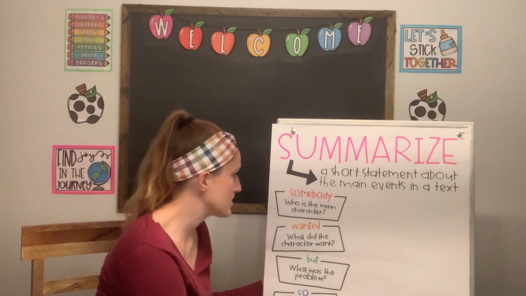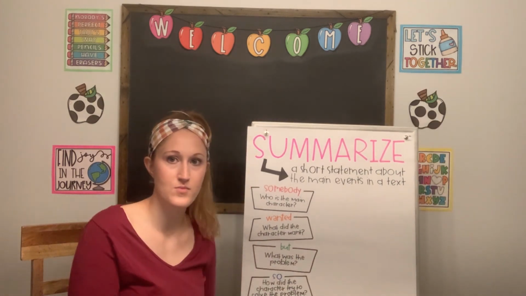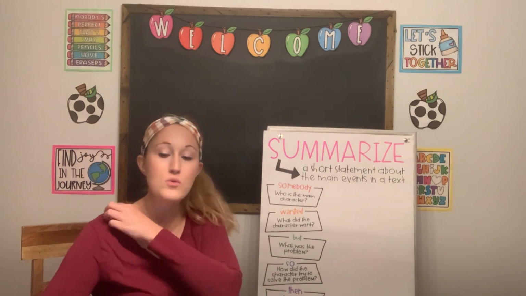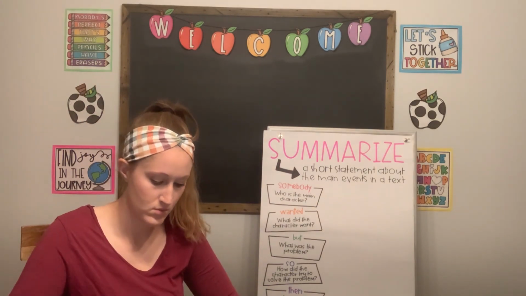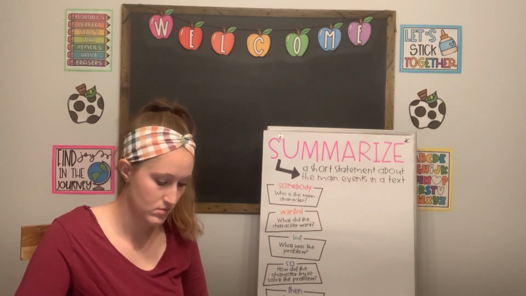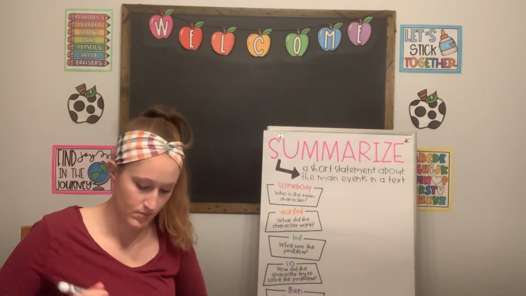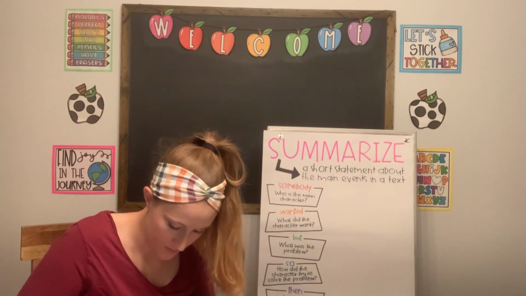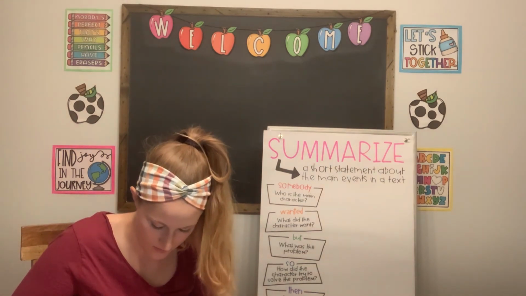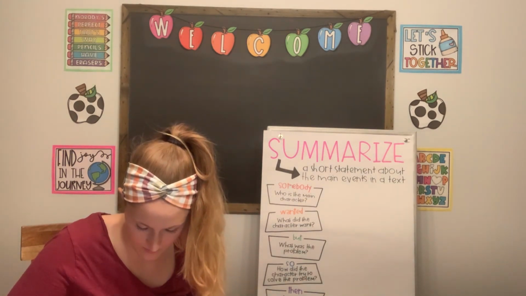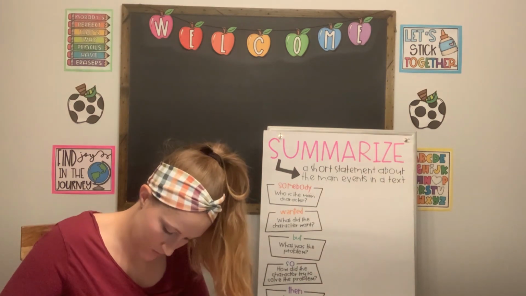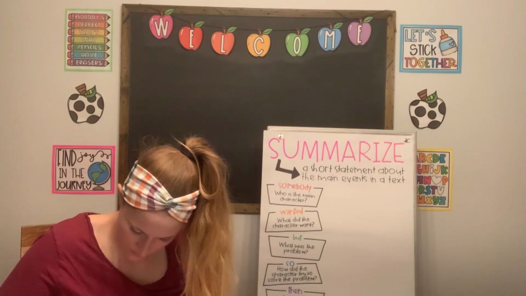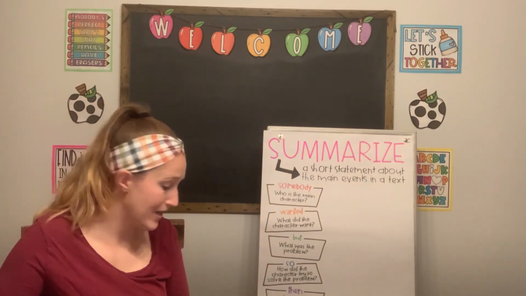All right, so let me back this up so you can see all the pieces. So help me answer some of these questions. So somebody, who is the main character? Okay, so Little Bad Riding Hood. Oops, I'm running out of space.